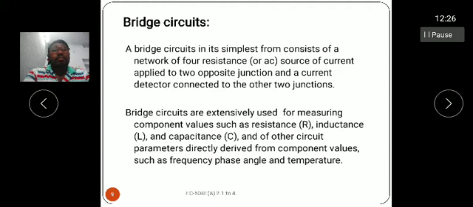Bridge circuits are extensively used for measuring component values such as resistance, inductance, and capacitance, and other circuit parameters directly derived from the component values such as frequency, phase angles, and temperatures.